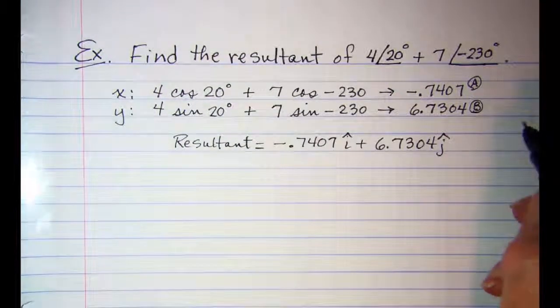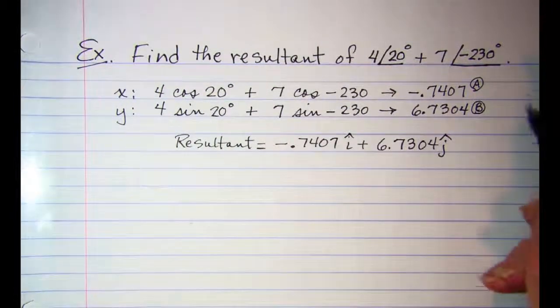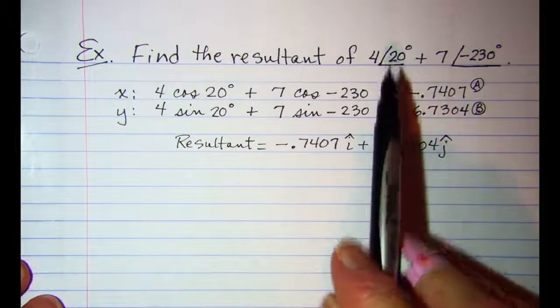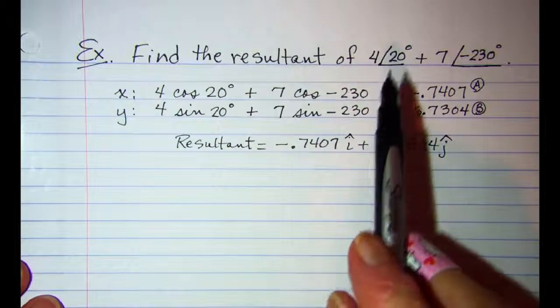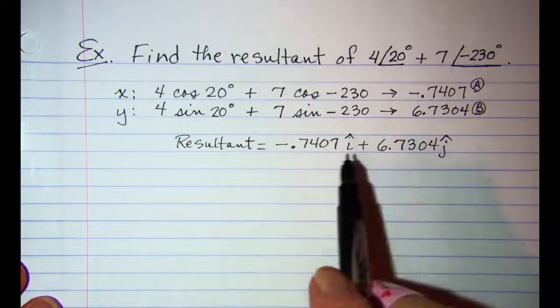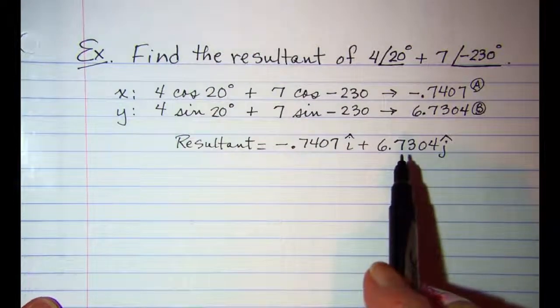Now usually when you talk about the resultant force, you want to talk about the vector with a magnitude and a direction. And these are the horizontal and the vertical components.